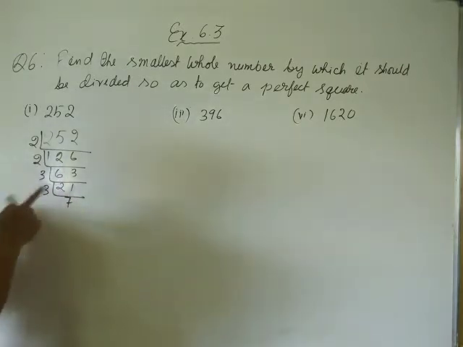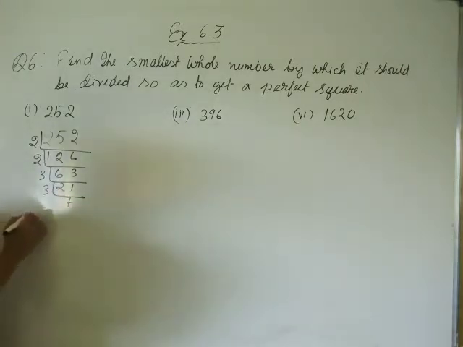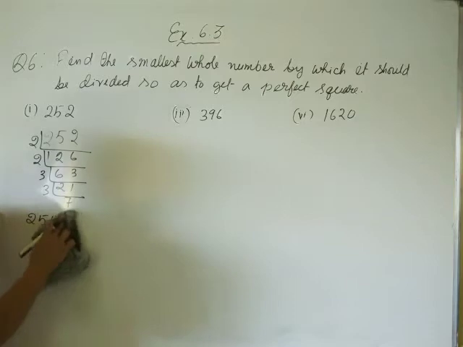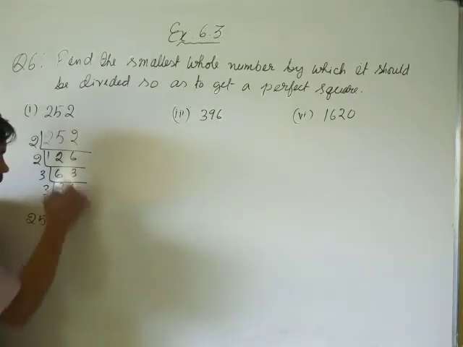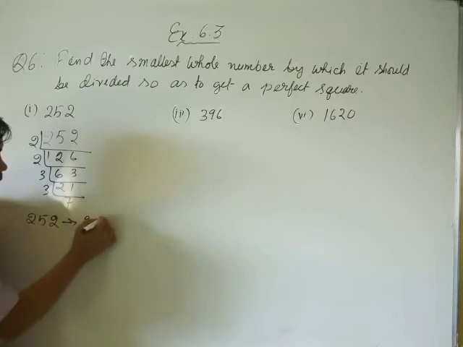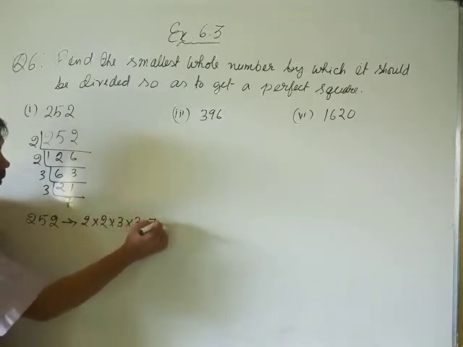So the prime factorization of this number is, so we can rewrite the number as a product of prime numbers, isn't it? That is 2 into 2 into 3 into 3 into 7.